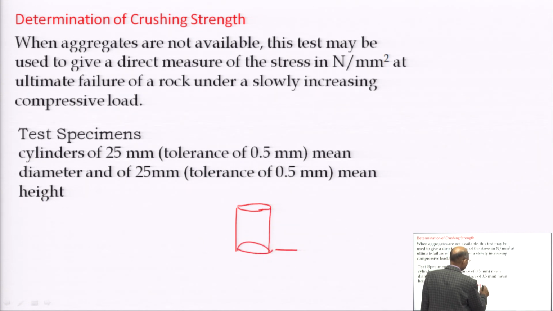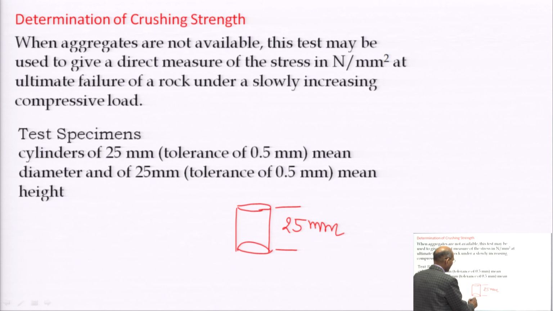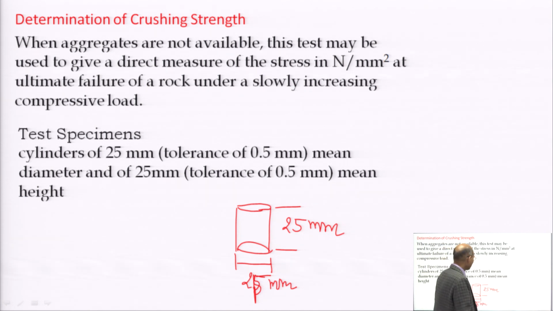Size of the cylinder should be 25 mm, and diameter should also be about 25 mm. Okay. So, this cylinder you can obtain either by grinding or by coring.